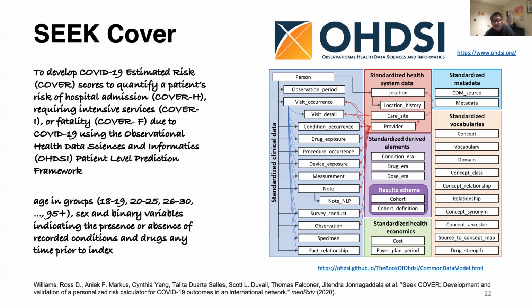The SeqCover model was developed using the Optum data, and they identified more than 7 million valid visits with influenza or flu-like symptoms, of which over 4 million were patients aged 18 or older, around 3 million had more than 1 year of observation prior to the visit, and over 2 million of these had no prior influenza symptoms or pneumonia in the 6 days prior to the index date.